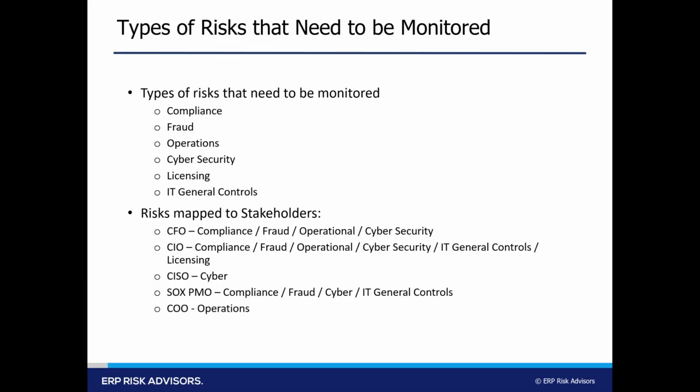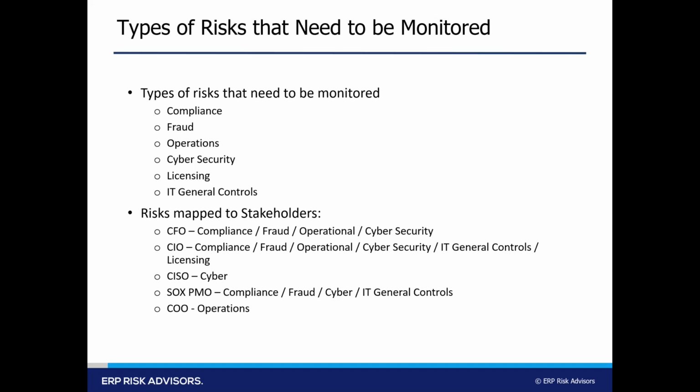Just briefly, I covered this in the last session, so for those that missed it, I'll cover this quickly. When you're looking at risks within access controls, it's not just compliance risks. There are other things that need to be evaluated. I think the access control community, or the software community and the implementers, are highly focused on compliance, which is typically thought of as Sarbanes-Oxley for us in the US.